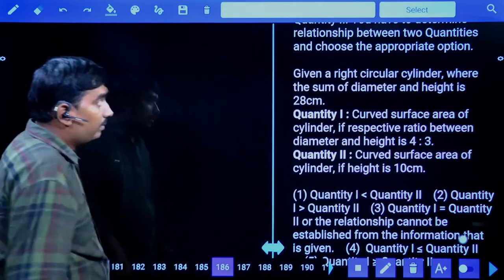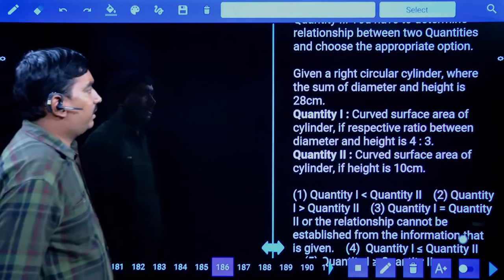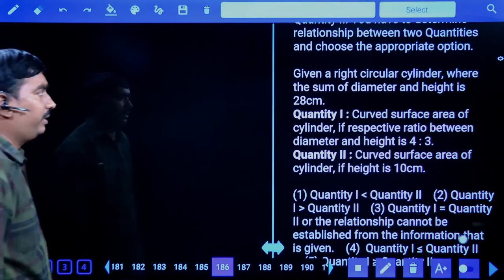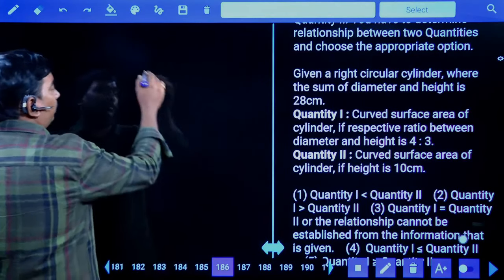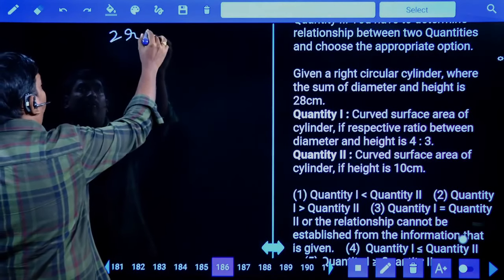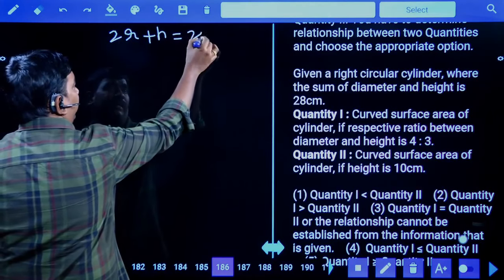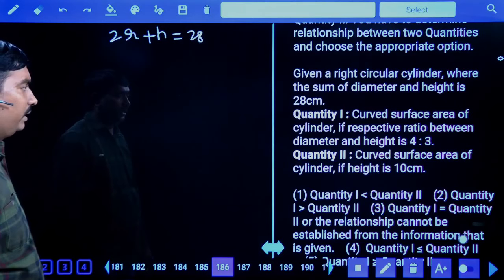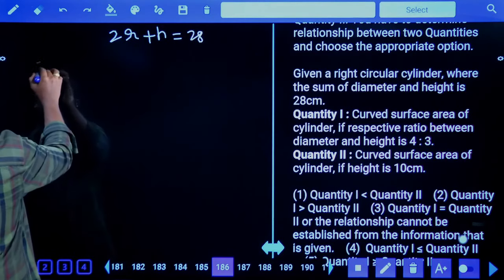Next. Given a right circular cylinder where the sum of the diameter and height is 28 centimeters. Sum of the diameter means 2r, plus height is 28 centimeters. Curved surface area of the cylinder is 2 pi r h.